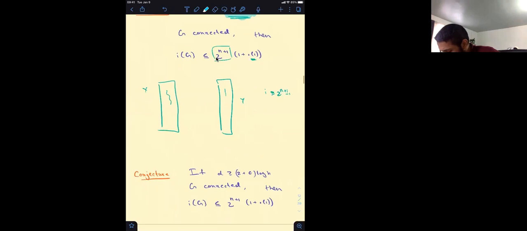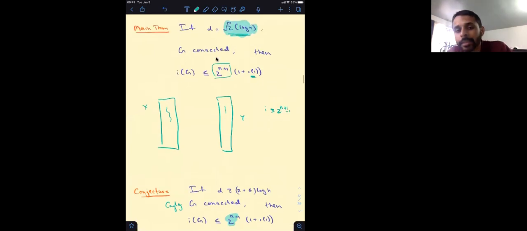And the conjecture is that if d is at least slightly bigger than 2 log n, d bigger than 2 plus o(1) times log n, and it's connected, then the number of independent sets is at most 2 to the n plus 1 times 1 plus o(1). So these are all again Cayley graphs. I'll describe the example that we think is tight a bit later on. But so far, are there any questions regarding this?